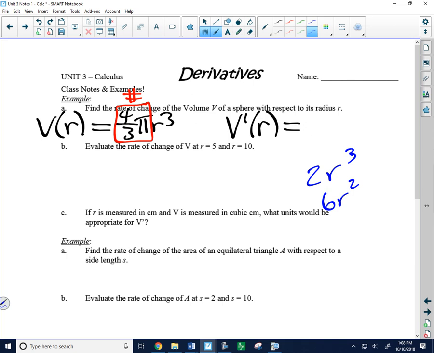Same thing here. I'm just going to bring down the 3 here. Evaluate that. So it'll be 12/3, which is 4, or you can cancel these and get 4 pi. You keep the r, you subtract the 1 from 3, and you get 2.